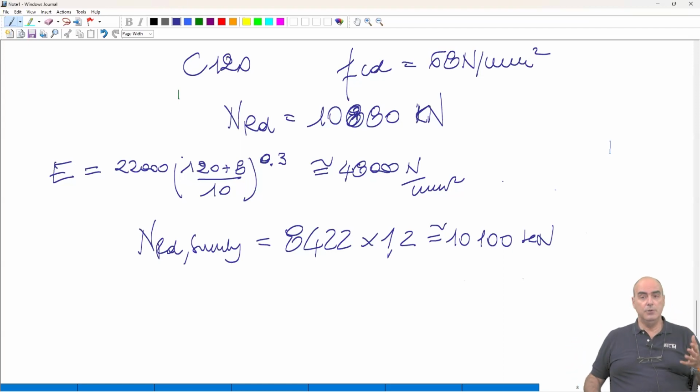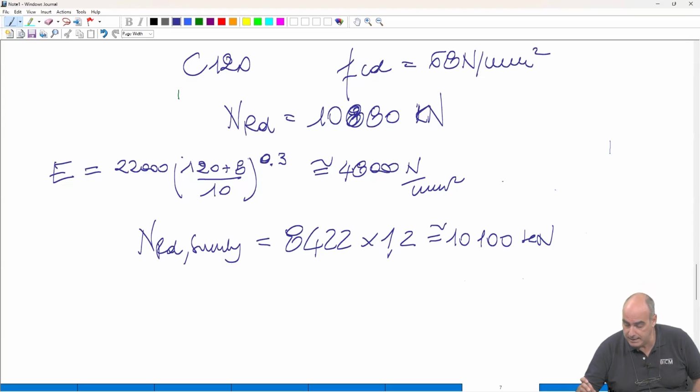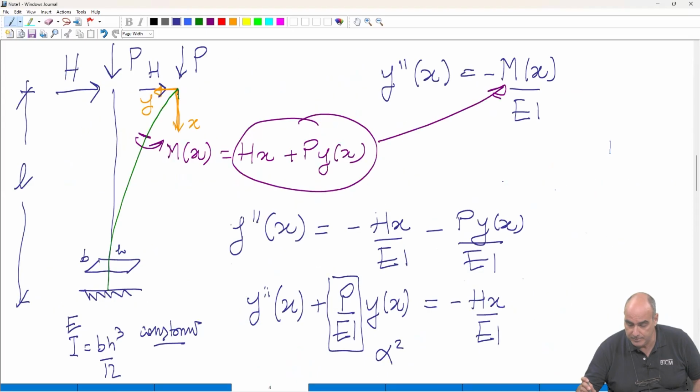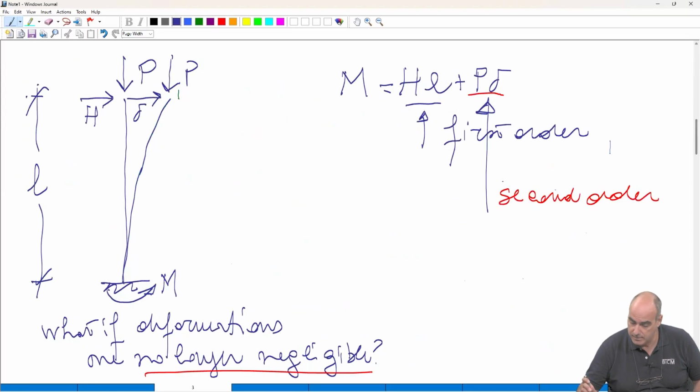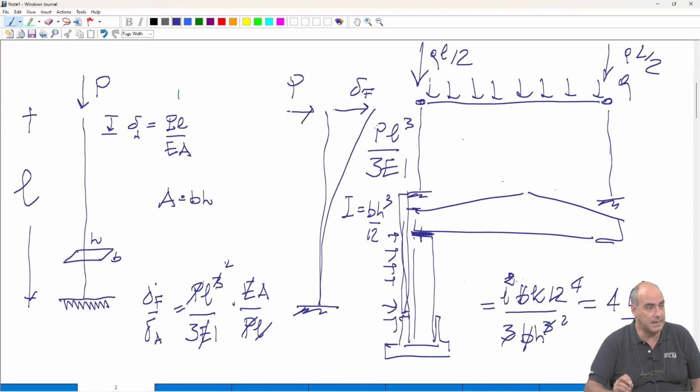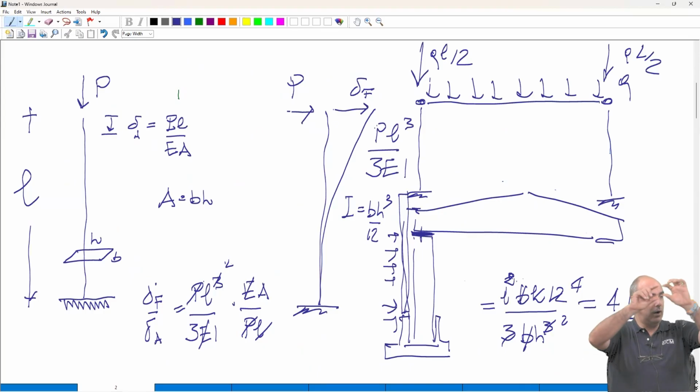You realize that for the building that you originally intended, which is this one, cantilever column, simply supported beam at the top, your column will not be enough because its buckling load is exceeded.